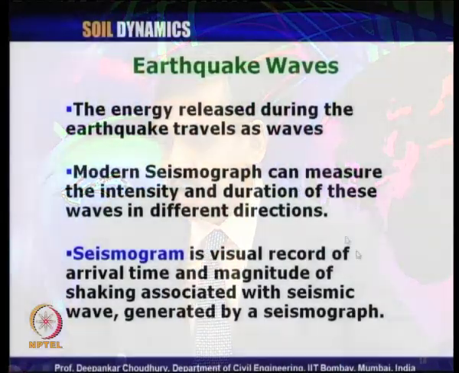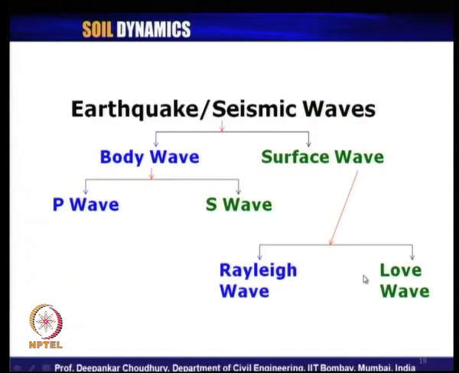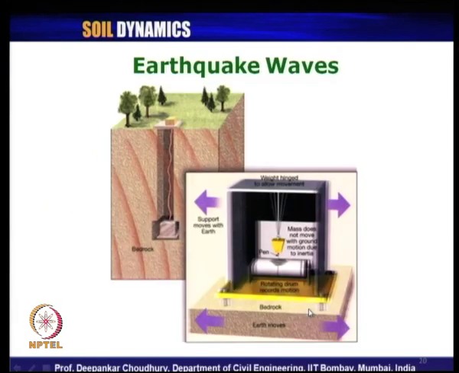We have seen what earthquake waves are and how they get generated, the release of energy, and how they get recorded through a seismograph, and the seismogram is the graph. We have classified the earthquake or seismic waves basically in two categories, body wave and surface wave. Again, the subclassification of body wave is P wave and S wave, and surface wave is subclassified into Rayleigh wave and Love wave.